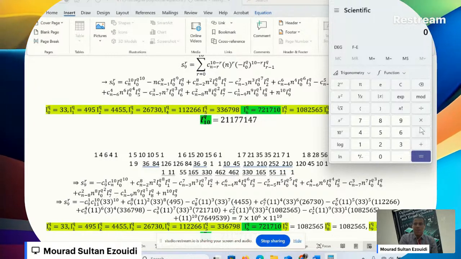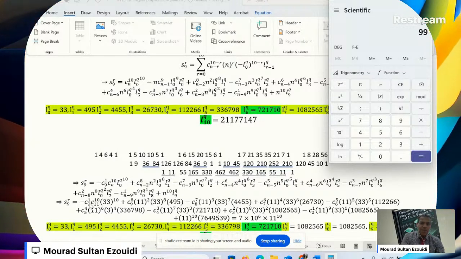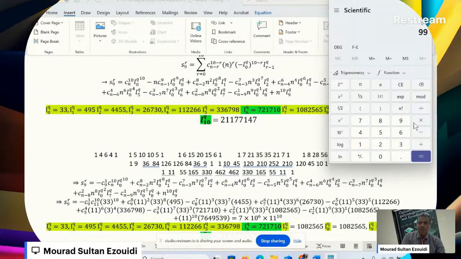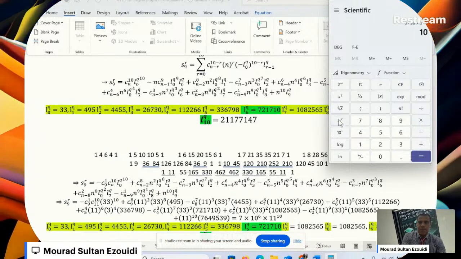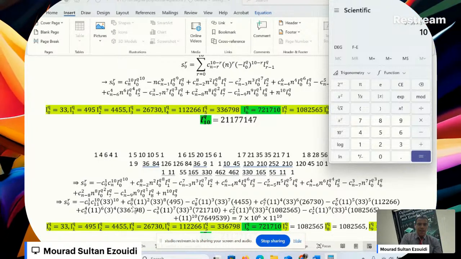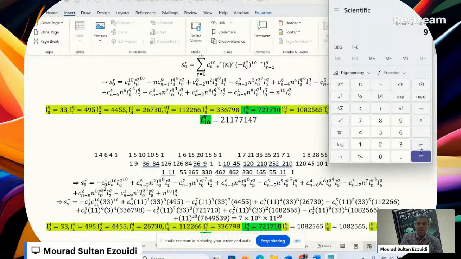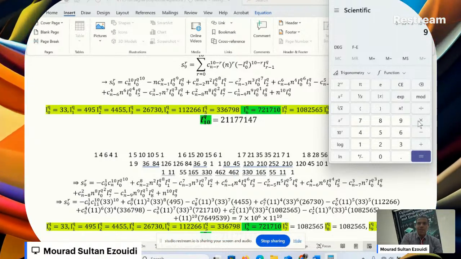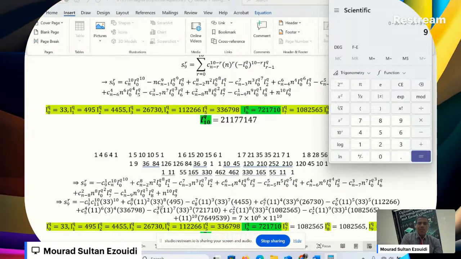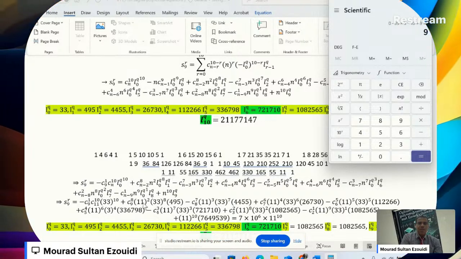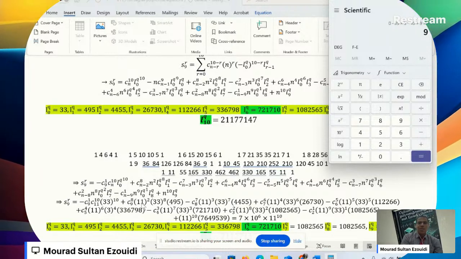So it will be negative 9 times 11 multiplied by 3 raised to the power 10. Then plus 9 multiplied by 3 raised to the power 8, because 11 raised to the power 8 times 11 raised to the power 2 is 11 raised to the power 10, a common factor I will put outside.